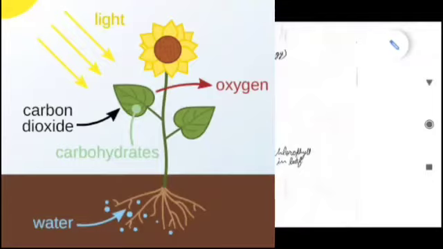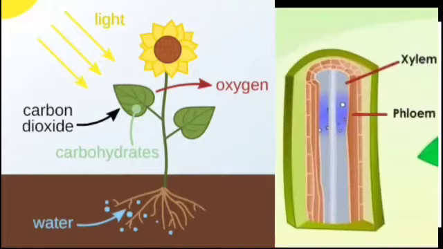In the leaves, the midrib and veins also have vascular tissue, that is called xylem.